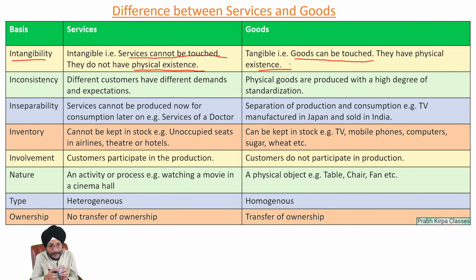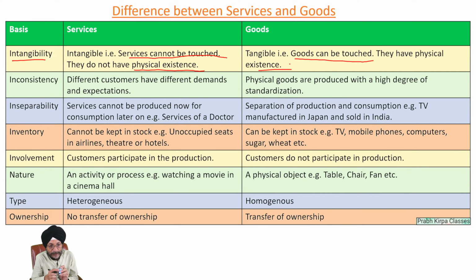Next point is inconsistency. Different customers have different demands and expectations. If we go to a chartered accountant, we will tell him our own needs. The other customer may come to him with his own requirements. So different customers have different demands and expectations.